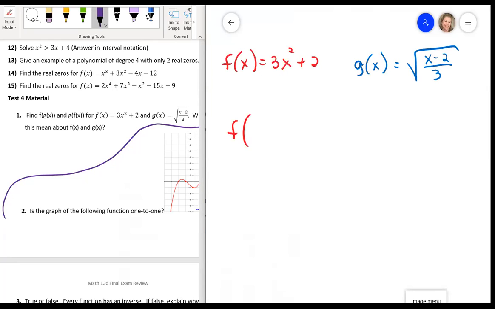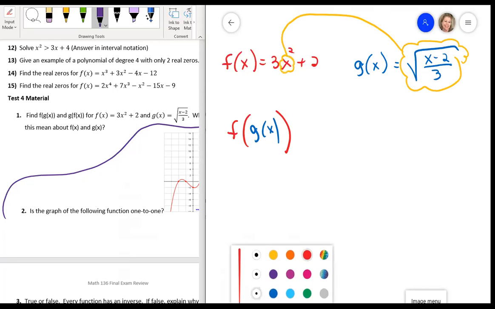You want f of g of x. That's where you're literally putting the blue function into the red function where the x is. So you're literally taking this mess and putting it in place of this x right here.